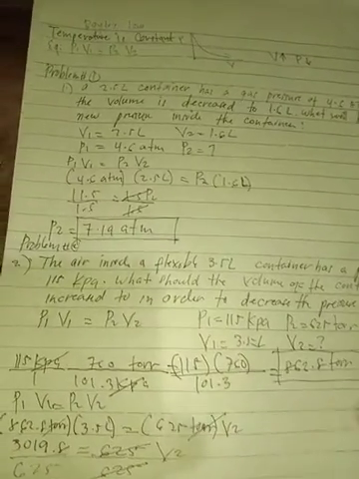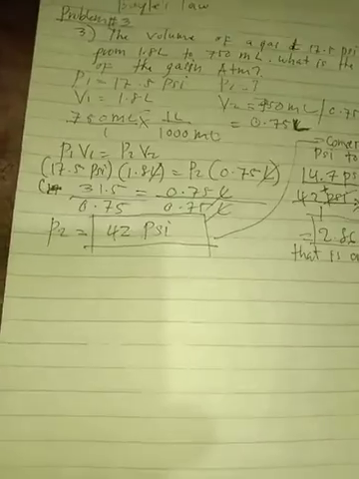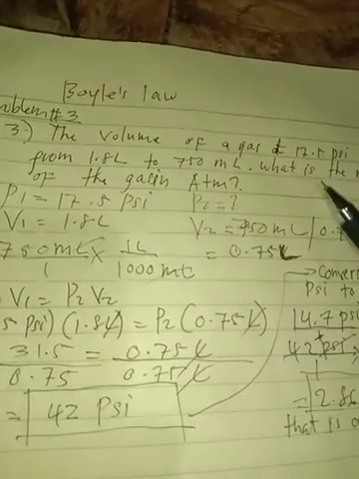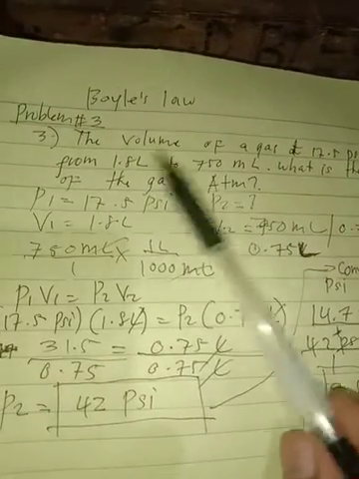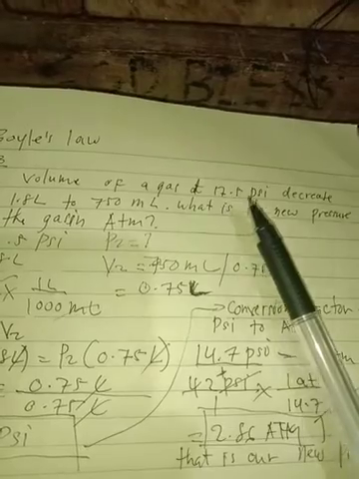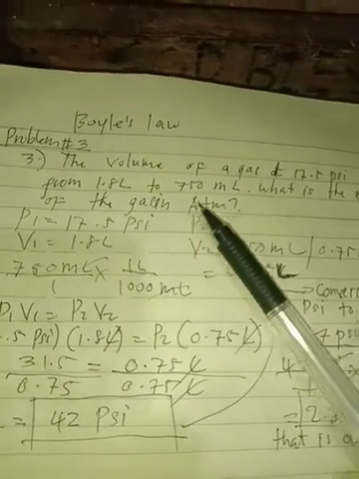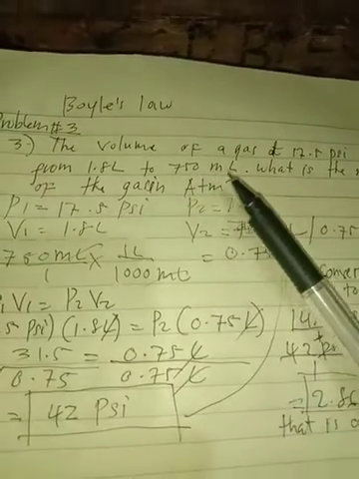So the next problem is problem number 3. So here we are going to solve also and give the solution of this problem. Now in Boyle's law, the volume of a gas at 17.5 psi decreases from 1.8 liter to 750 ml.